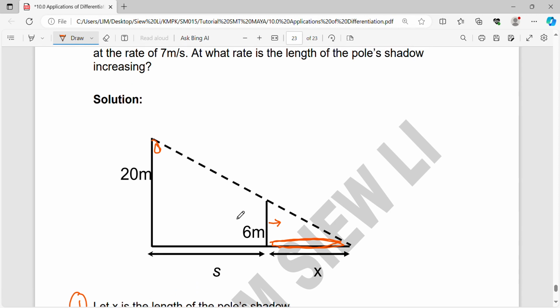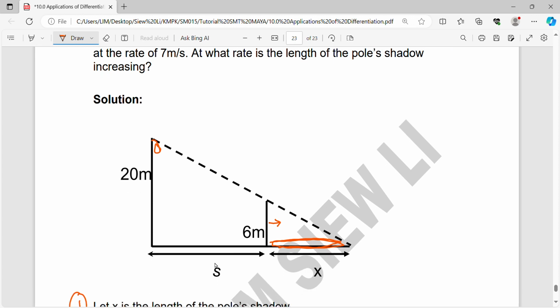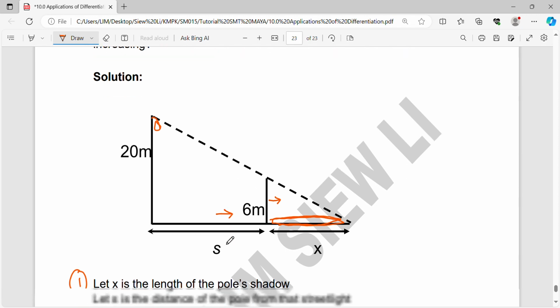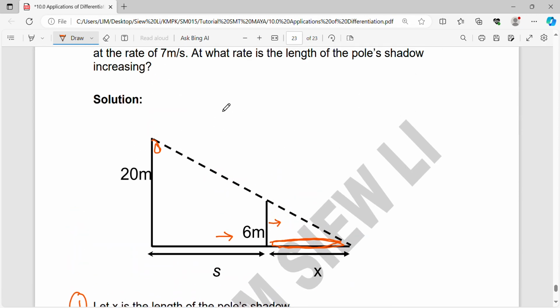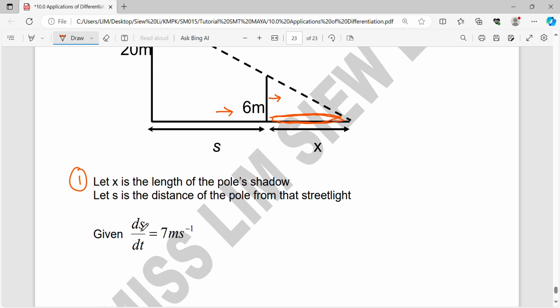Just now we adjusted this pole away from this straight line at 7 meters per second. Therefore our rate of change of s will be equal to 7 m s⁻¹, so 7 meters per second. This is our rate of change.